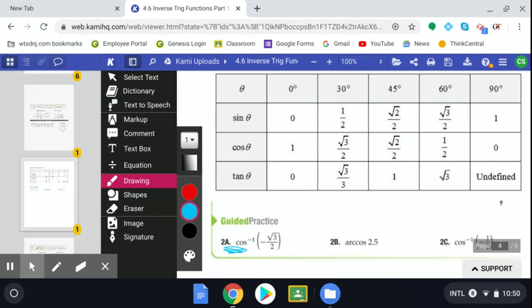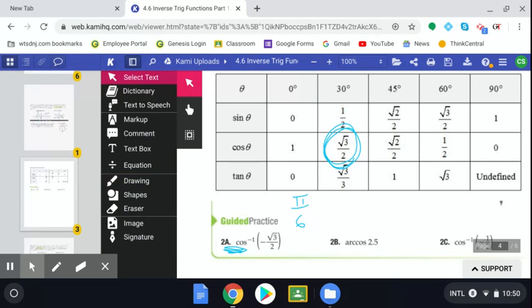All right, so cosine radical 3 over 2 is here, which is pi over 6, right? Okay. Now I need to find the one in the second quadrant, because remember that the range is going to have to be between 0 and pi.